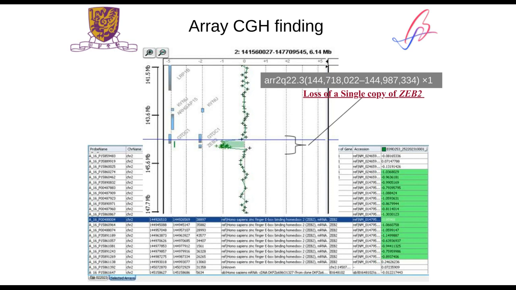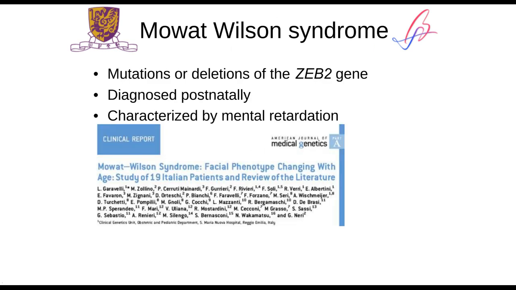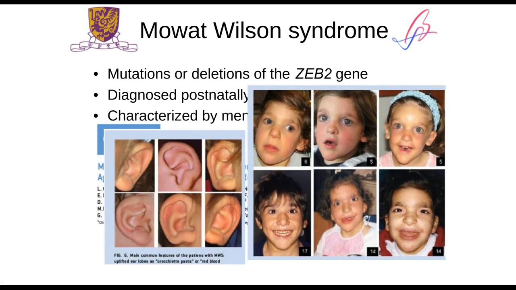This is the first case in prenatal diagnosis of a CYP2 deletion; it had never been detected before. So we looked into the literature, and CYP2 is known to be reported with Mowat-Wilson syndrome. Mowat-Wilson syndrome has typical features: uplifted earlobes, triangular-shaped face, and hypospadias, and there are ultrasound abnormalities such as congenital heart disease or agenesis of the corpus callosum.